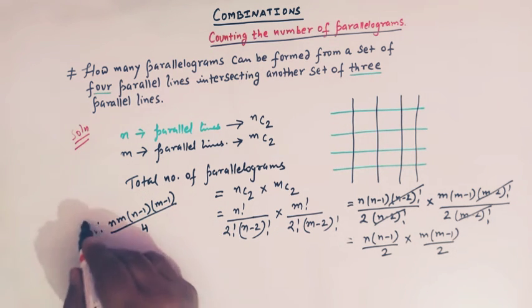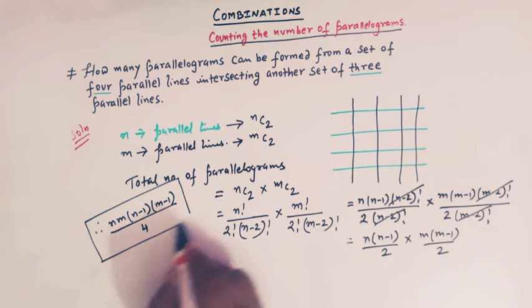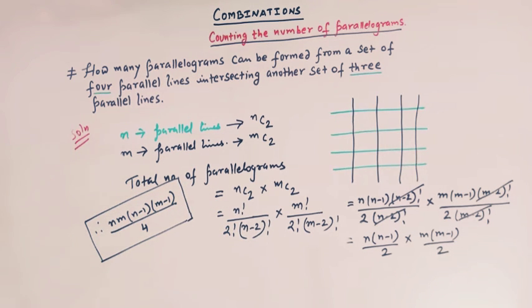So this is the general formula for calculating the total number of parallelograms when a set of n parallel lines are intersected by a set of another m parallel lines, right?